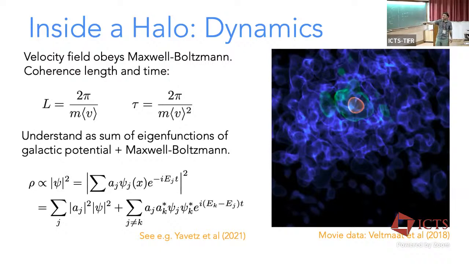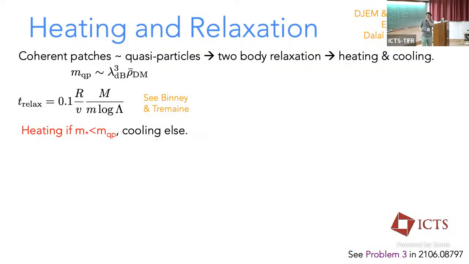But the density of dark matter is the square of that wave function, so I get a modulus squared term plus cross terms from different energies. So you take the modulus squared of the wave function, and you have many different energies, and you end up with a time dependence. And that time dependence leads to a distinct physics from cold dark matter.